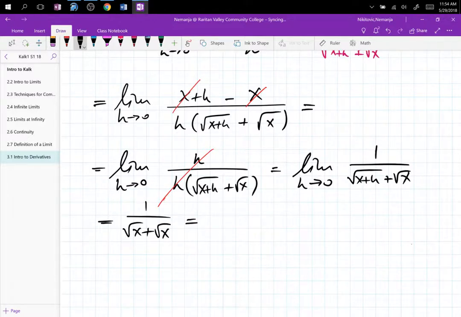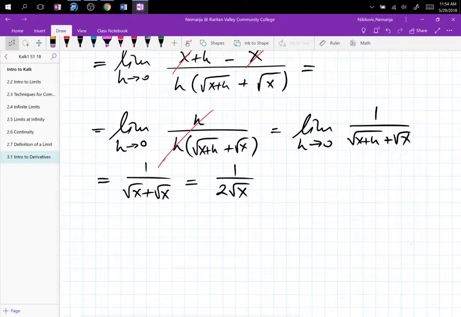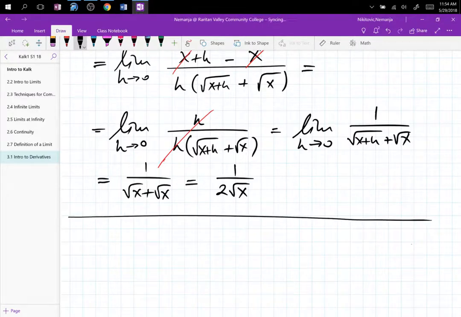Apple plus apple is 2 apples. Very good. Done deal. Apple plus apple is 2 apples. So now I know that the derivative is 1 over 2 root x.